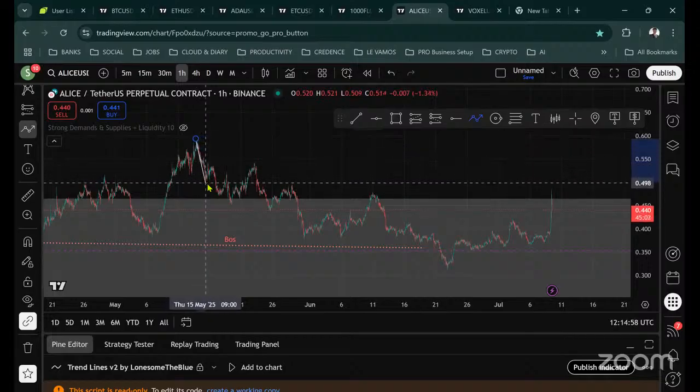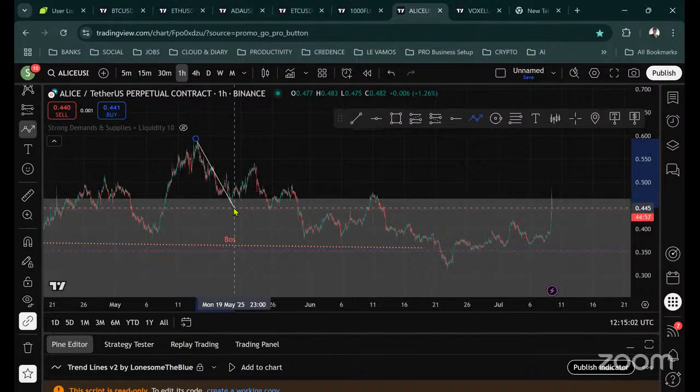Okay. So I have to identify all the valid pullbacks, or I just draw like this?